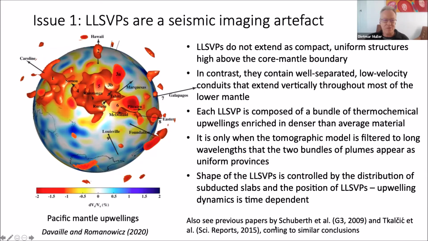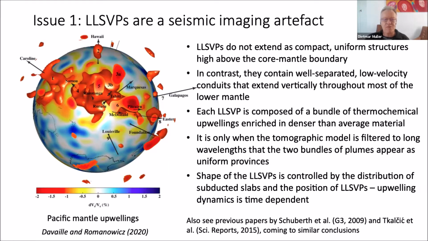They all came to similar conclusions, which is that if you combine seismic tomography models and also look at some fluid mechanic constraints, then it turns out that LLSVPs do not extend as compact uniform structures high above the core mantle boundary. Instead, they contain well-separated low-velocity conduits that are shown here, high above the core mantle boundary, and that extend through most of the lower mantle.